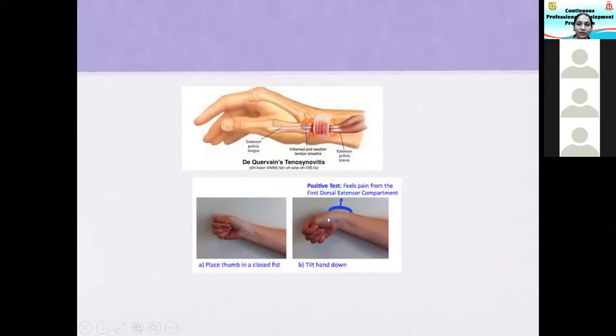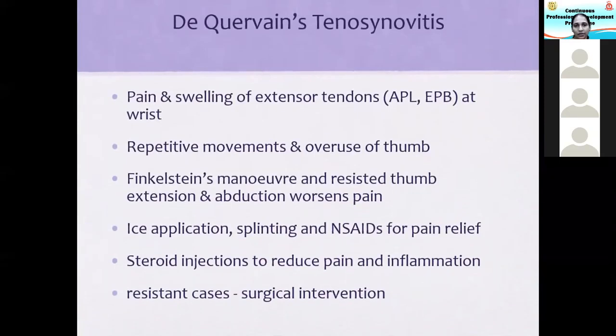This is where the tendons are, and pain elicited at this side by doing this maneuver is called the Finkelstein maneuver. So it is these two tendons at the first extensor compartment that are involved in de Quervain's tenosynovitis.